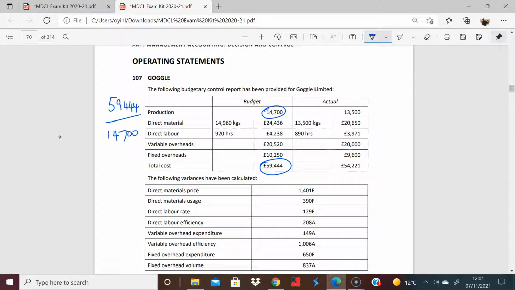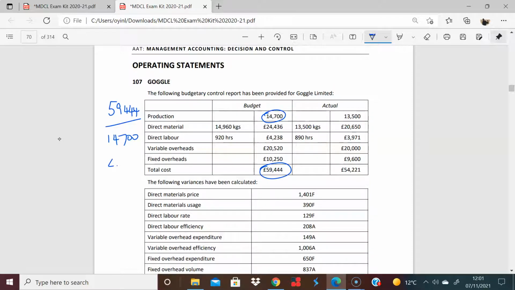Because I'm using full costing, I am considering fixed overheads to be variable. So I say 59,444 divided by 14,700, and that's £4.04. Keep that in your calculator. Don't shorten that.